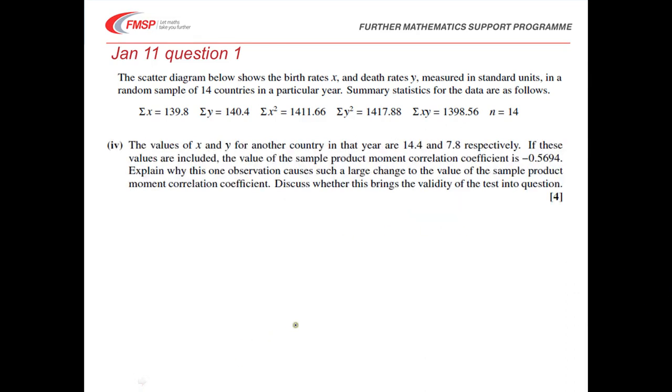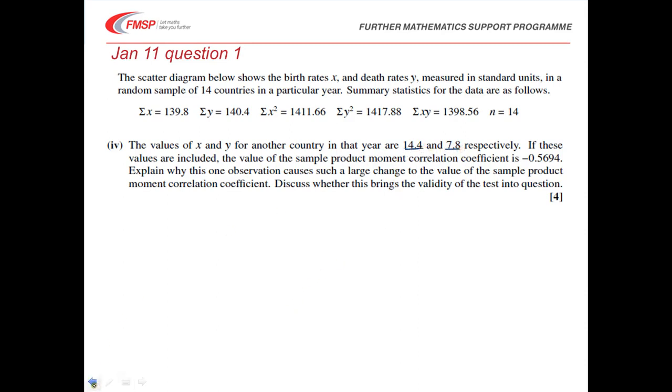Okay, the values of x and y for another country in the year are 14.4 and 7.8 respectively. If these values were included, the value of the PMCC is now minus 0.5694. Explain why this one observation causes such a large change to the value of the sample product moment correlation, and discuss whether this brings the validity of the test into question. Okay, now what we need to realize is this data point is miles away from everywhere else.